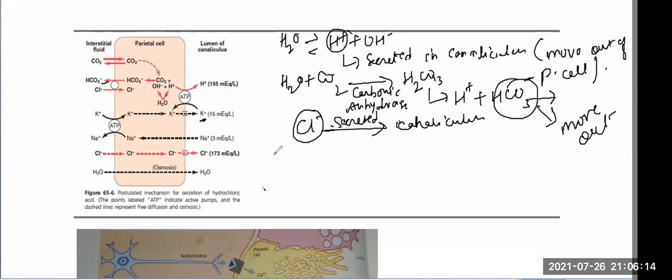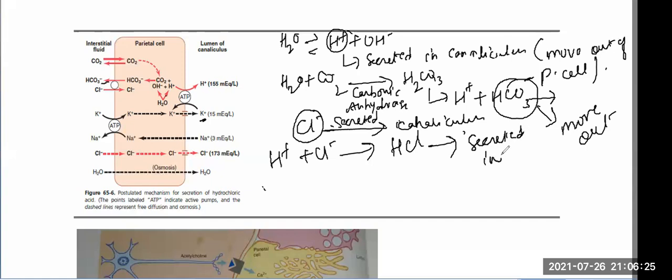Now in the canaliculus, hydrogen ions and chloride ions will combine to form HCl, which is secreted in the lumen. This is how hydrochloric acid is secreted. This is important. Make sure you know it.